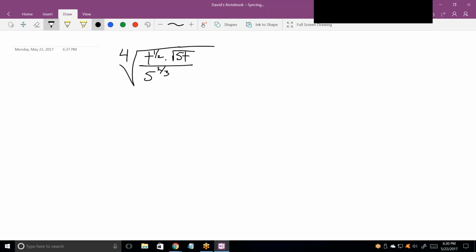So what's the first conversion here? Let's do it one step at a time. The square root of 5t can become 5t in parentheses to the power of 1/2.